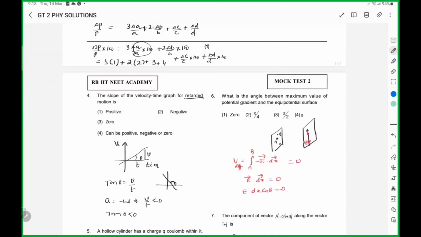So neither E nor dx is 0, cos theta is 0. That means theta is 90. So for maximum value of potential gradient, angle between potential gradient and equipotential surface is 90.